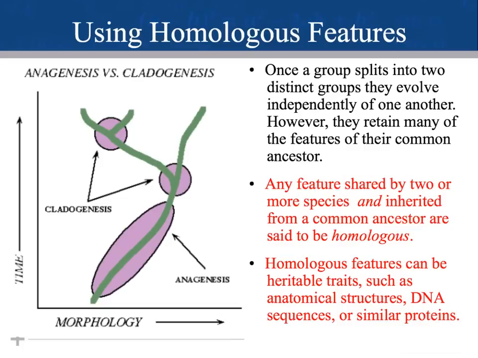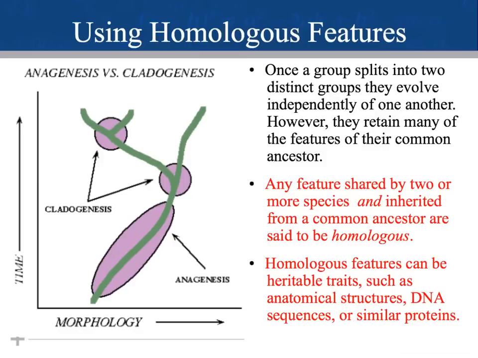Another bit of evidence is homologous features, just structural features that organisms have. Even when cladogenesis takes place and one group splits into two distinct groups that are evolving independent of each other, they keep a lot of the features of their common ancestor.